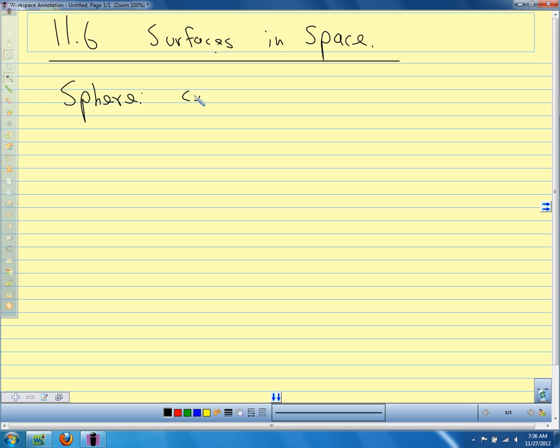So we have a center at some point x0, y0, z0, and radius equals r.